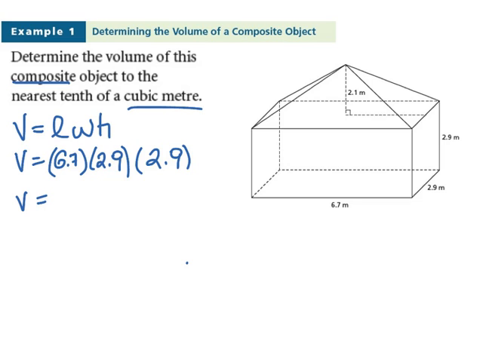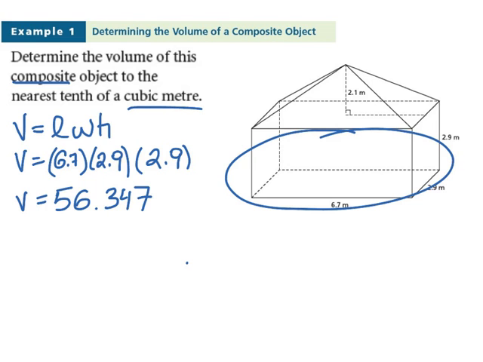Once we combine the two volumes of the rectangular prism and the pyramid, we will round off to the nearest cubic meter. So right now, our rectangle is 56.347 meters cubed. It's 3 dimensions, so meters cubed has to be used as the unit.